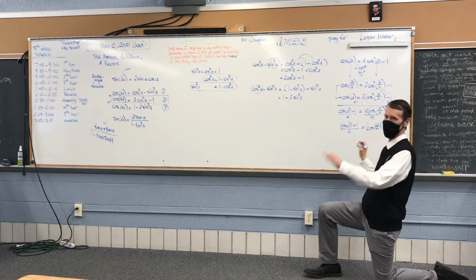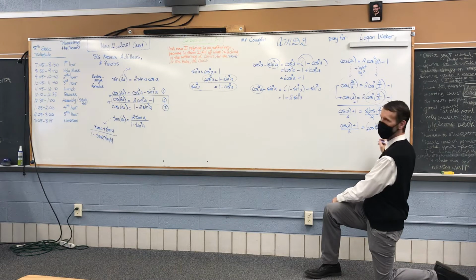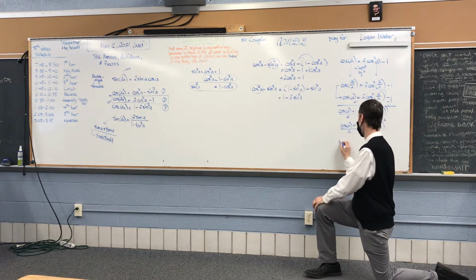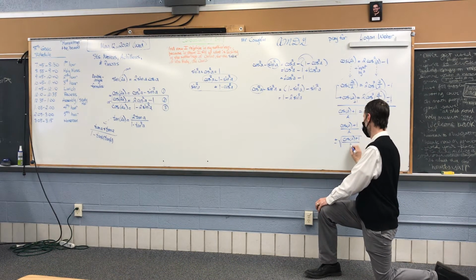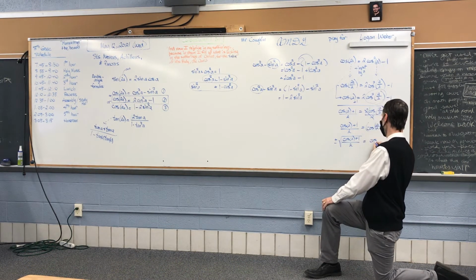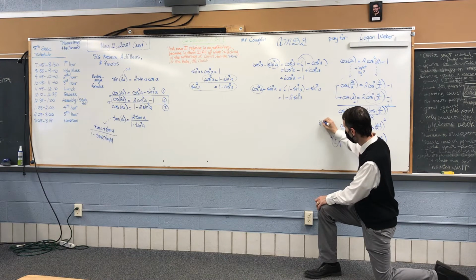And then one more step. How do you get rid of the square? Square root, correct. Plus or minus the square root of cosine of a plus 1 over 2 equals cosine of a over 2, a half angle formula. And again, there's a little bit of a trick here. You have to pick one, whichever works.